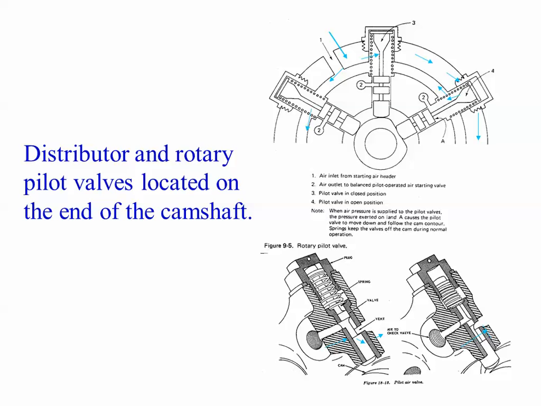Most of the systems are set up so that when the engine is running normally, the followers are sucked away from the camshaft lobe and don't touch it. But then when you go to start the engine, air pressure is applied that snaps them against the camshaft lobe. But again, you have this camshaft lobe that is going to trigger one cylinder at a time for air delivery, and it's going to do it in the proper sequence.